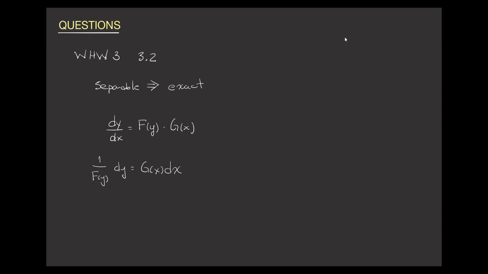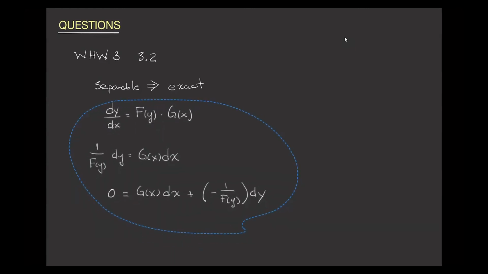And now, to fit the format for being exact, we have to set it up so that it's something times dx and then something times dy, and we're adding that together on one side. Doing so will give us this. And now, in order to check it's exact, we check a set of partial derivatives.